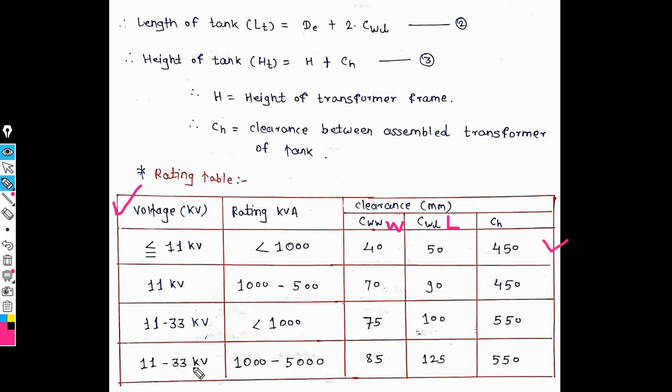Then for 11 to 33 kV, rating 1000 to 5000, the values are 85, 125 and 550, all values in mm. These are the rating table using dimensions of transformer tank, and we need the formulas for width of tank, length of tank and height of tank based on the dimensions of tank.